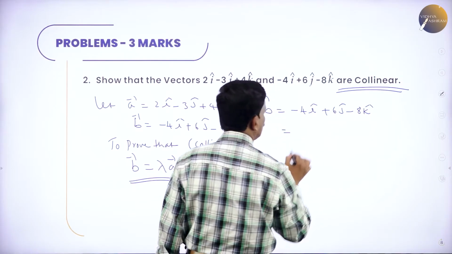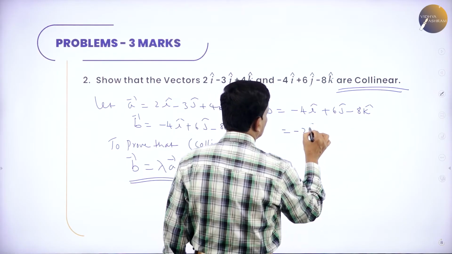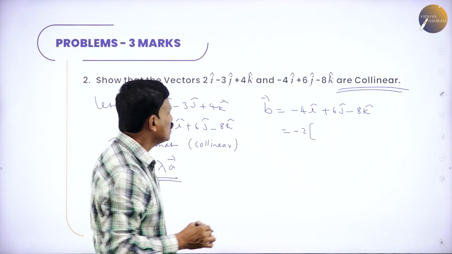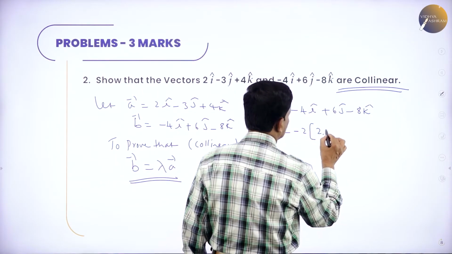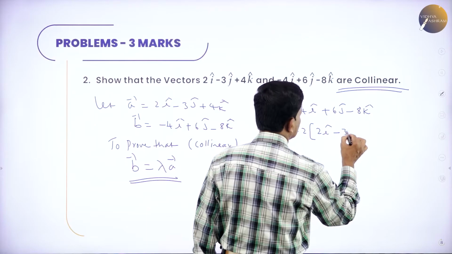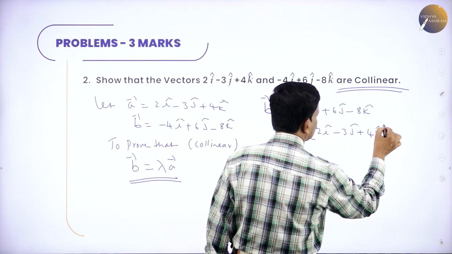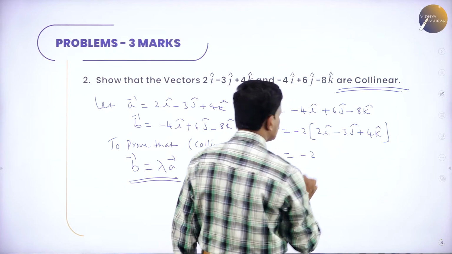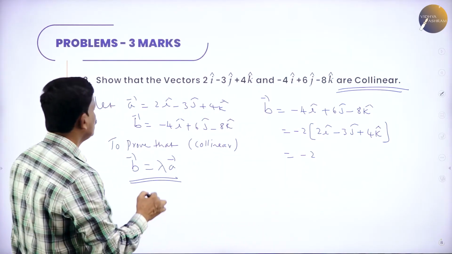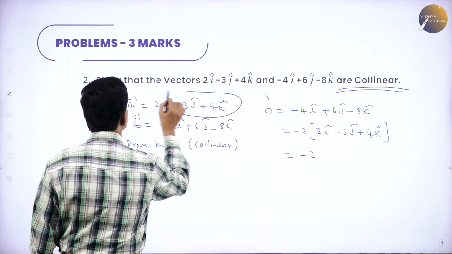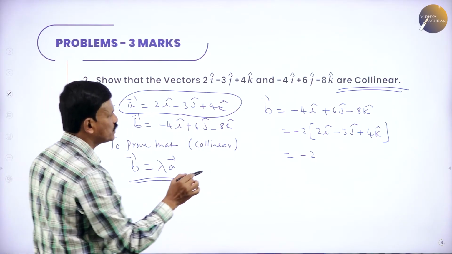Now you can take the common factor. Minus 2 you can take out from this. Then this becomes minus 2 times 2i minus 3j plus 4k.